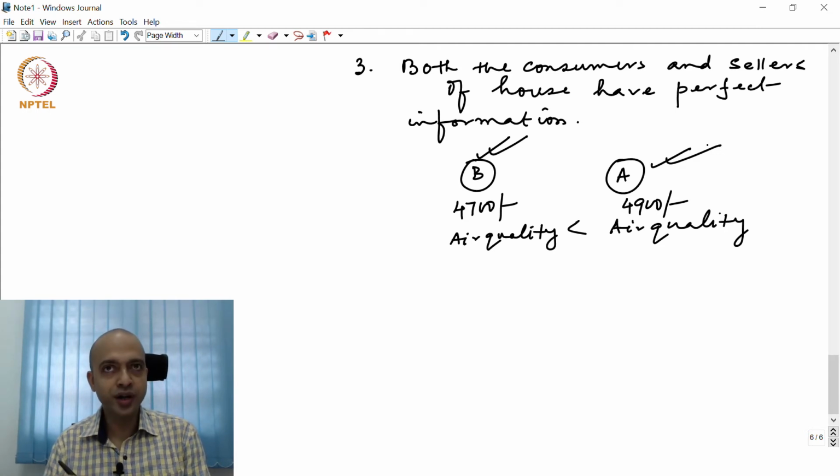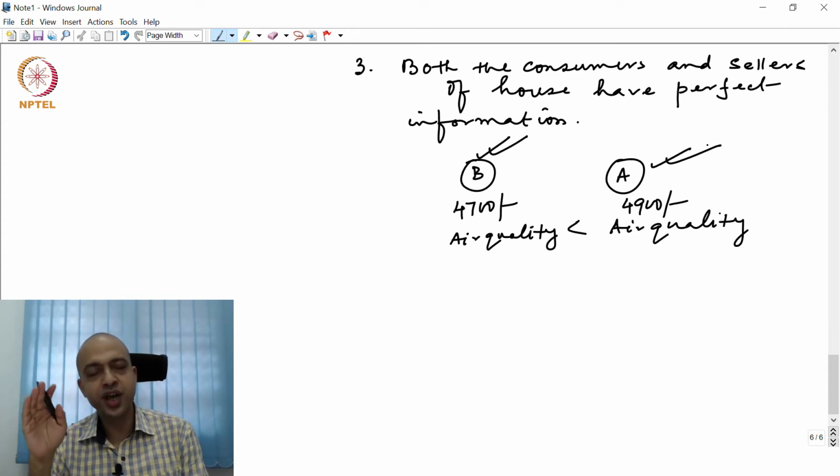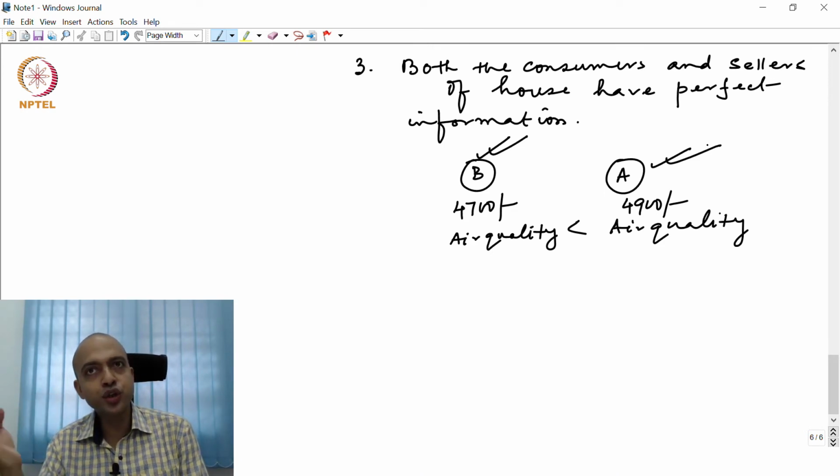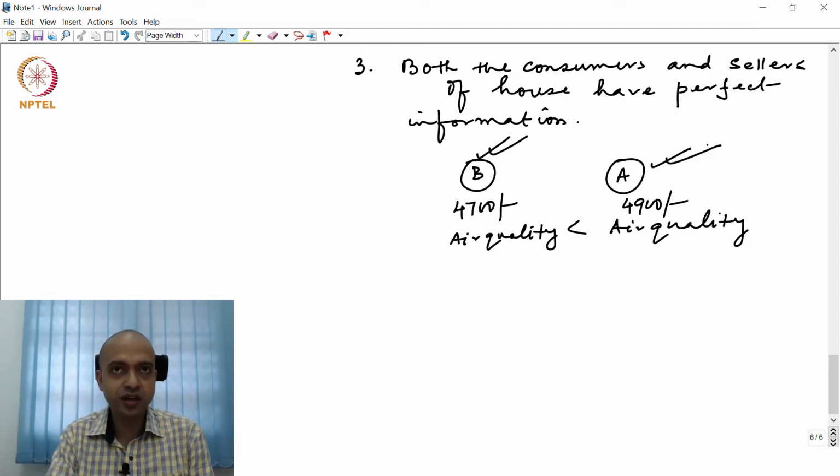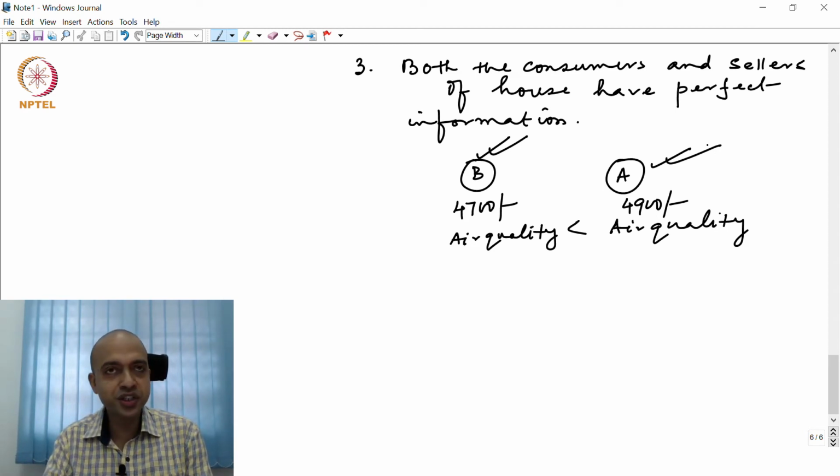So that is why hedonic pricing assumes both the sellers and consumers have perfect information. Similarly, from the seller's point of view, sellers also don't know that there is a consumer who is buying a house here and is ready to pay extra 200 rupees.